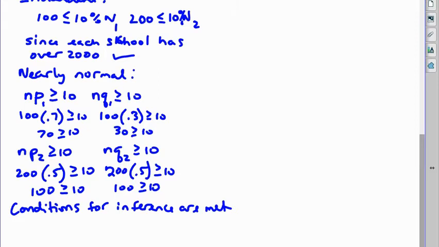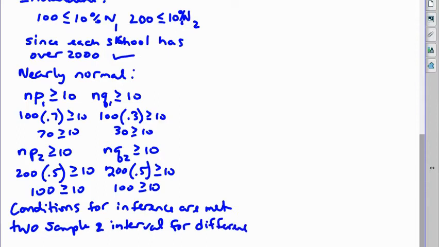So we will do a 2-sample Z interval for difference of proportions.